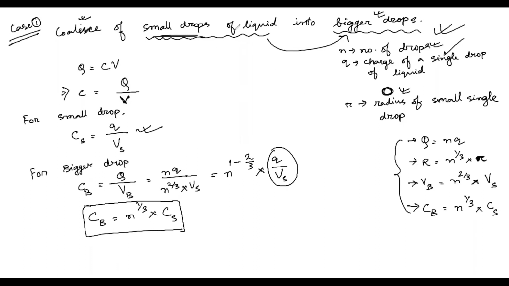Okay, if you find any questions where you will be given small drops of liquid, with the number of the small drops, and you'll be asked to form a bigger drop, and then finally you will be asked to find out the charge of the bigger drop, or sometimes there are questions where you'll be asked to find the ratio of the potential of the smaller drop and the potential of the bigger drop.